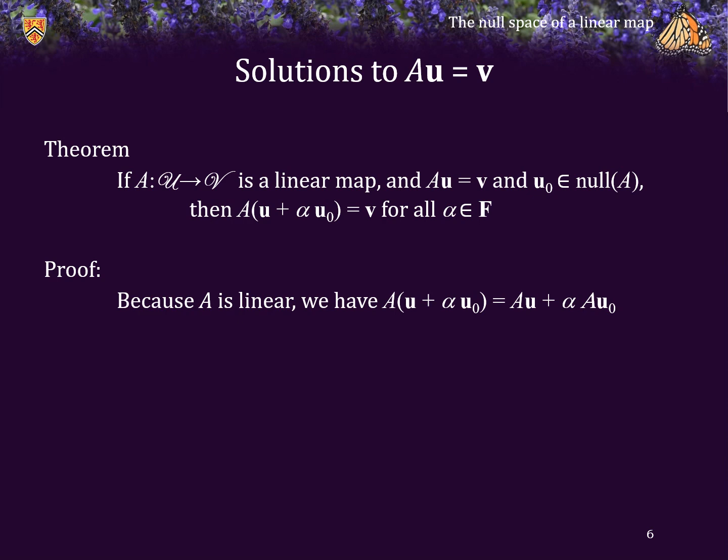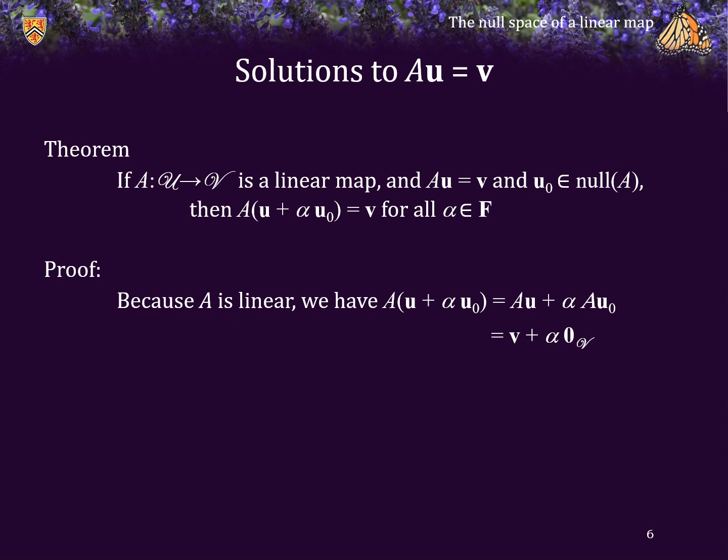Proof: again, because A is linear, we have that A applied to this linear combination, where one coefficient is 1, is simply that same linear combination with A applied to each of the vectors. Well, we know that A times u, under the assumption, is equal to v, and A applied to a vector in the null space is equal to the zero vector.